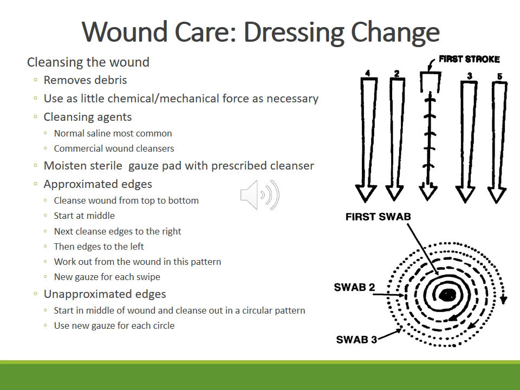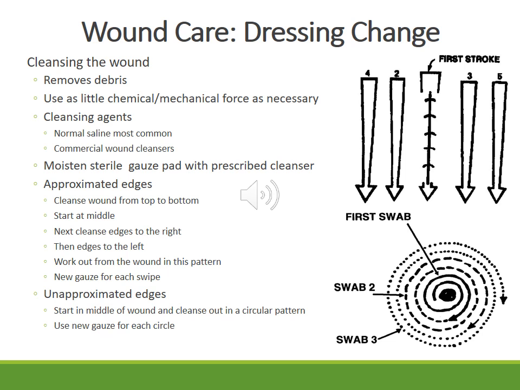We're going to moisten a sterile gauze pad with our cleanser. And this goes back to talking about well-approximated edges versus unapproximated edges. So if we have that perfect surgical incision, we are going to want to cleanse the wound from top to bottom. We're going to start at the middle of the wound, as you can see here in the picture, and we're going to cleanse.